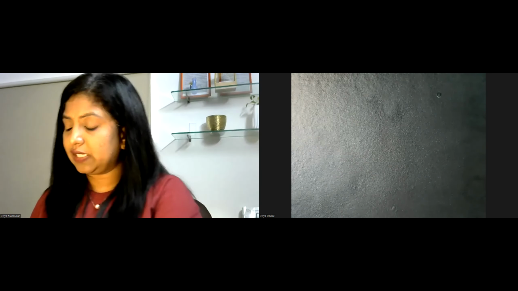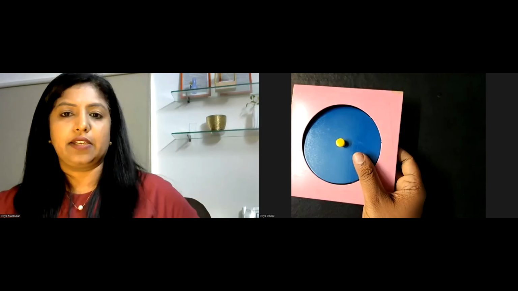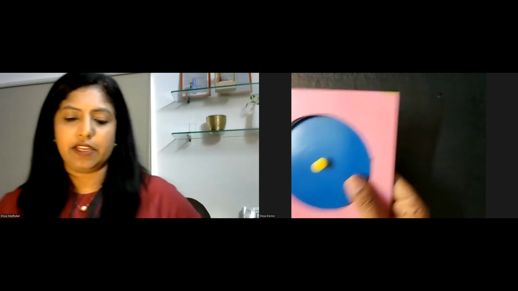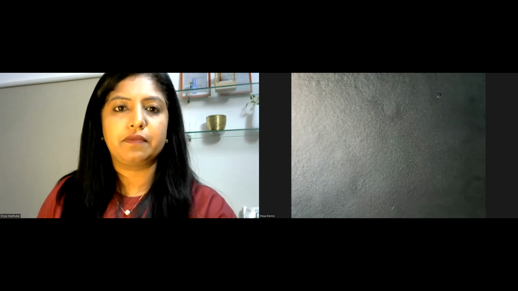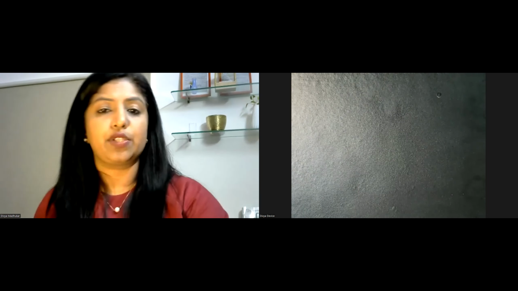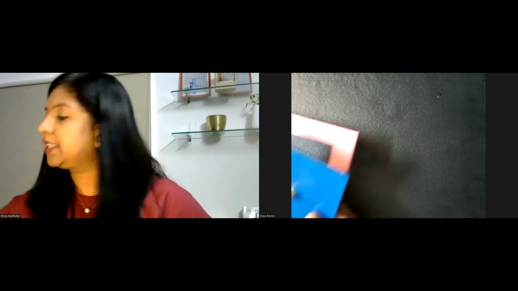I will have a circle. This is my circle. Please write down, the first shape is circle. Everybody wrote? Yes. Then I would have a square. The second inset is my square.